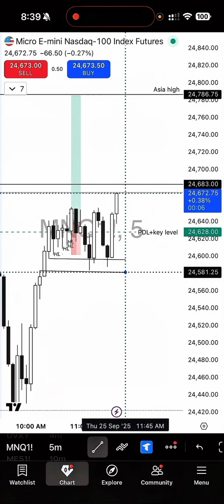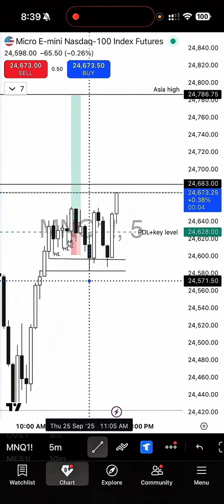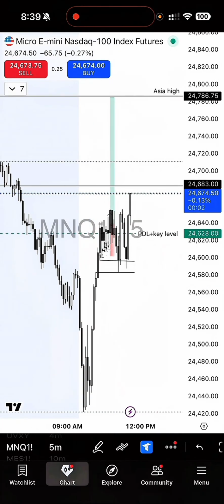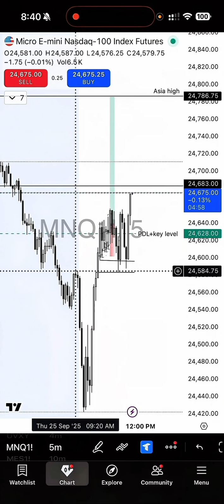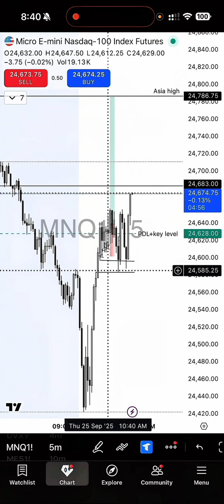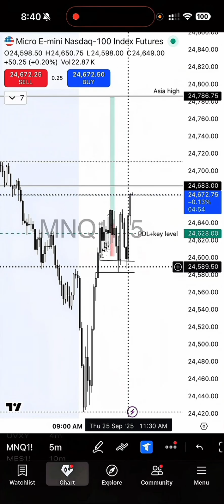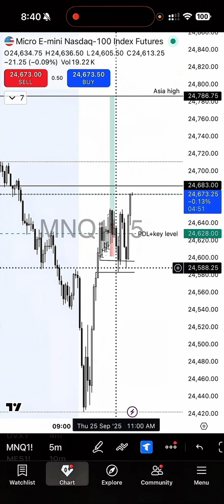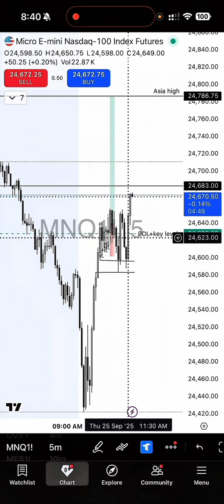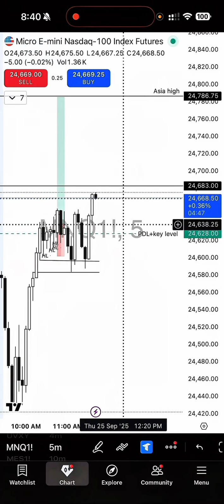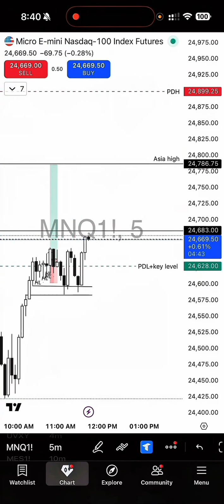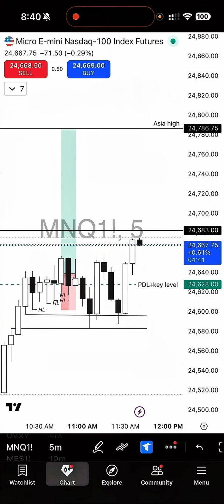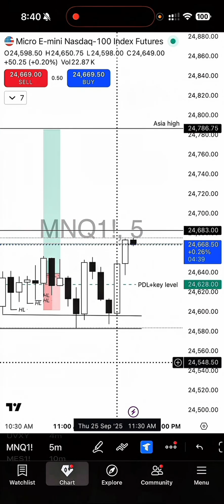Not only this 5 minute imbalance, but this area is so confirmed just because we were testing this lower high. So it makes sense that we would have waited for this area and then a strong pullback. But anyways, it is what it is. This was one trade and it was a loss.